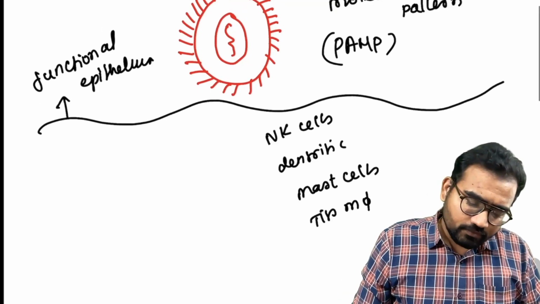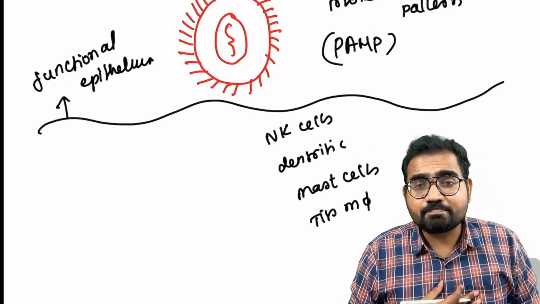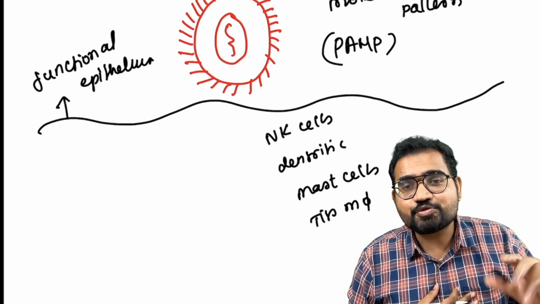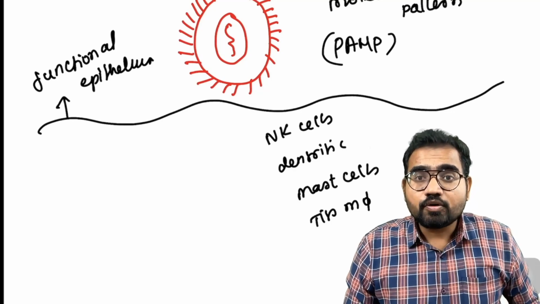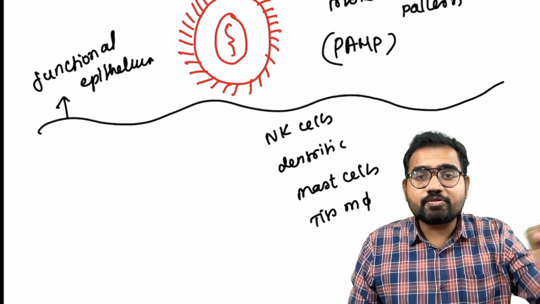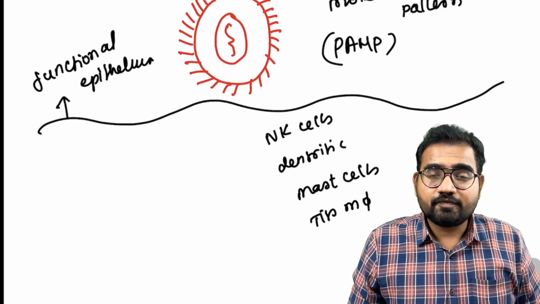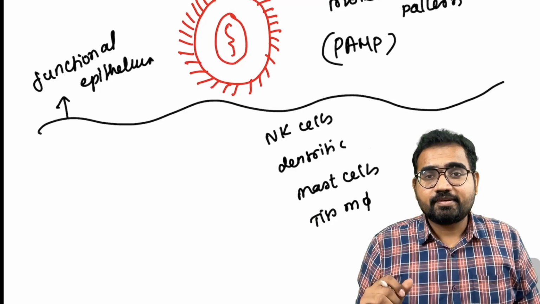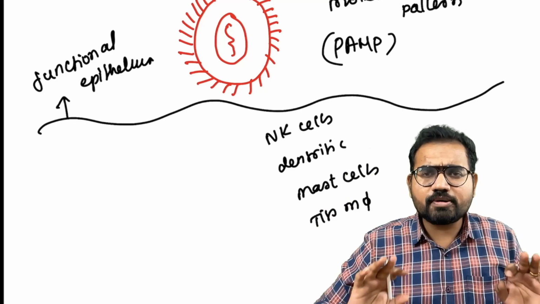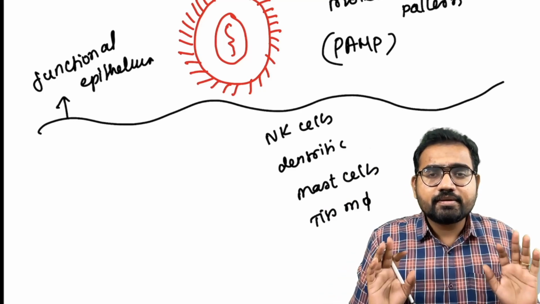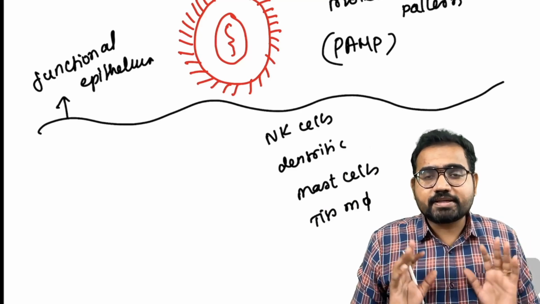Okay, now this bacteria which has PAMP tries to enter the epithelium. So what will our body do? Our body will see, okay, some enemy is trying to enter the territory. We'll call our friends and we will fight and push him outside. That is a normal tendency of any cell when a foreign object enters, right?